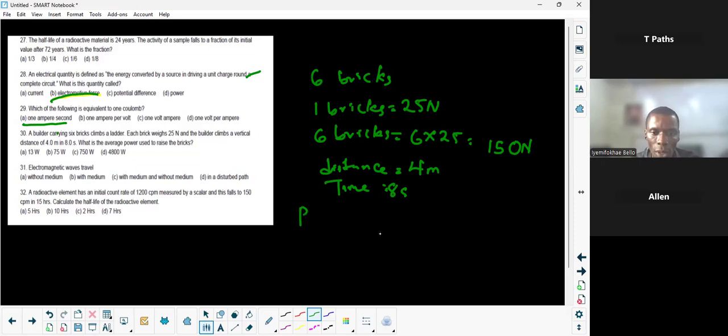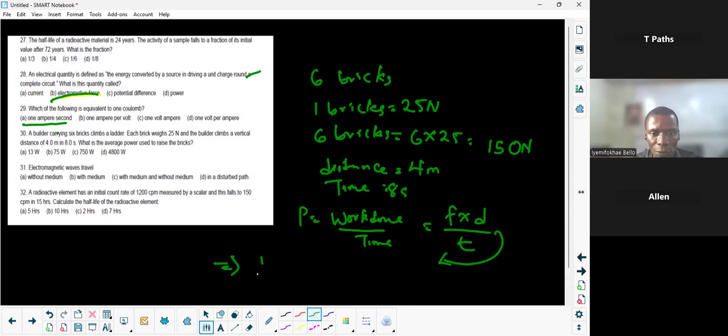What is the power? We know that power is work done over time taken. The formula for work done is force times distance, over time. Our force is measured in Newton, so the total force is 150 times the distance.